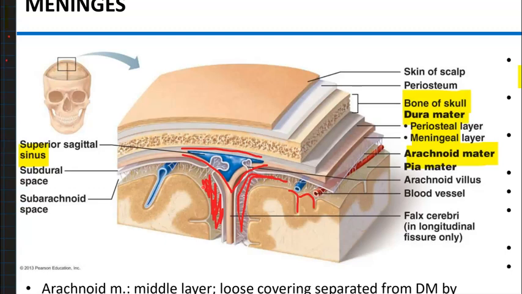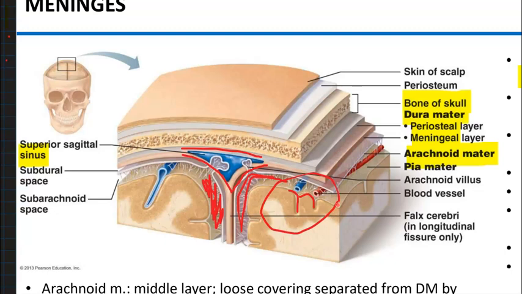Why is it clinically relevant? If somebody has a head trauma, and as a result one of those blood vessels shown here gets popped, the bleeding is confined to the subarachnoid space, and we call this subarachnoid bleeding.